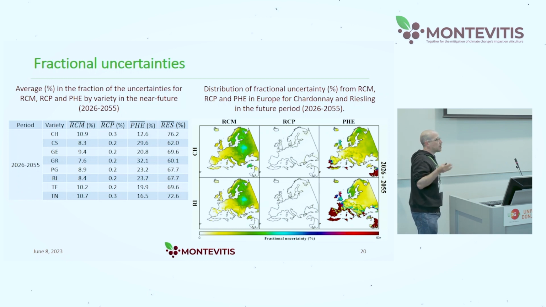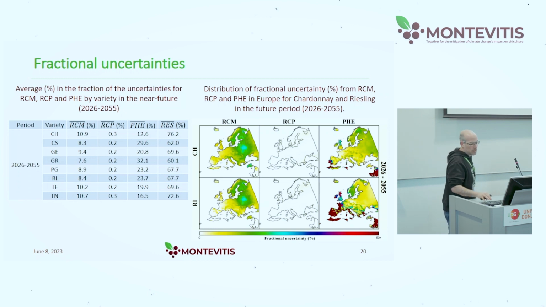But this is only for the variables that we entered. As you can see, most of the uncertainty was not explained by the three sources we put. So it could be another source, or the interaction of different sources could be studied, but we didn't study that.